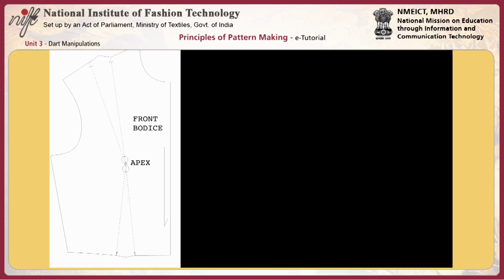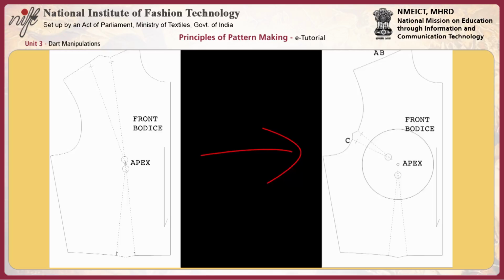Download the start patterns from the download section. As per the given instructions, convert front shoulder dart to armhole dart. Download the final pattern and check your pattern against the final pattern.